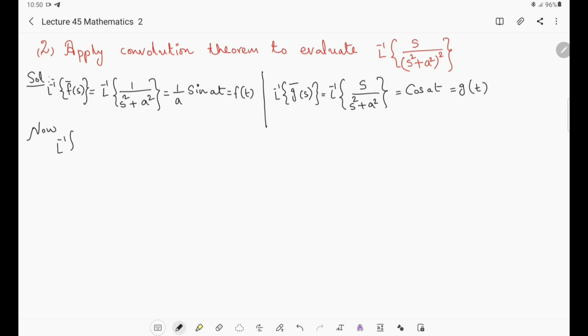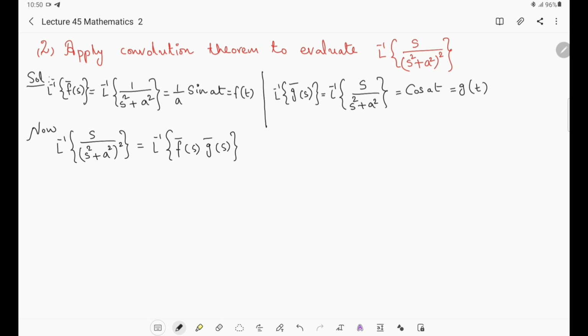Now what do we want? We want the Laplace inverse of s by s square plus a square whole square. That is equal to the Laplace inverse of the multiplication of this one and this one, so it is f bar of s into g bar of s.